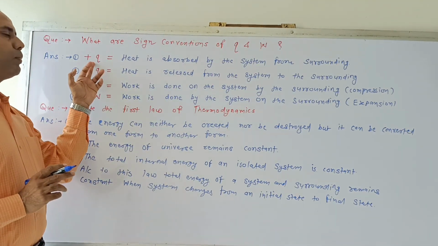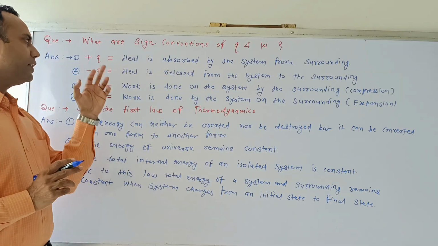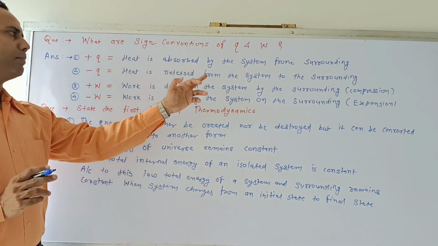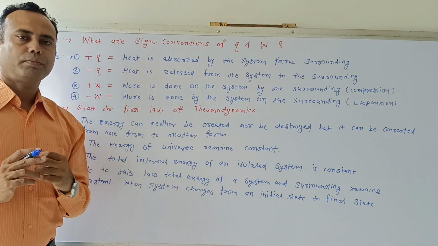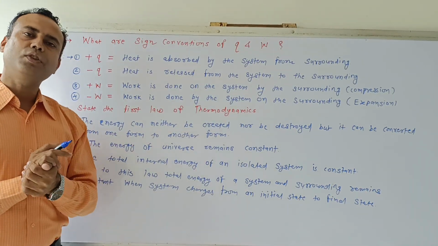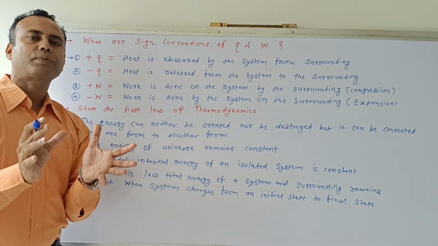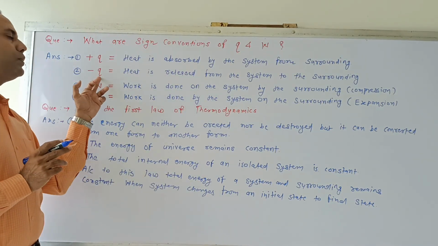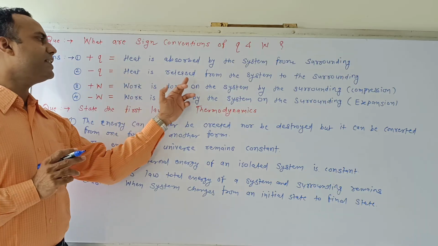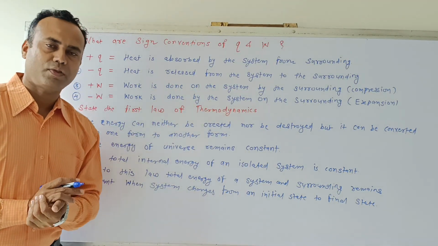So first of all we get positive Q. When heat is absorbed by the system from the surrounding, then Q will be positive. Means heat is absorbed from the surrounding to the system. After that Q is negative, means heat is released from the system to the surrounding.